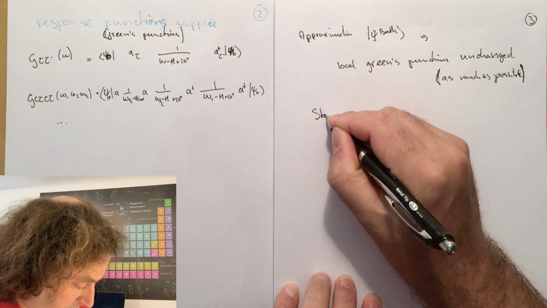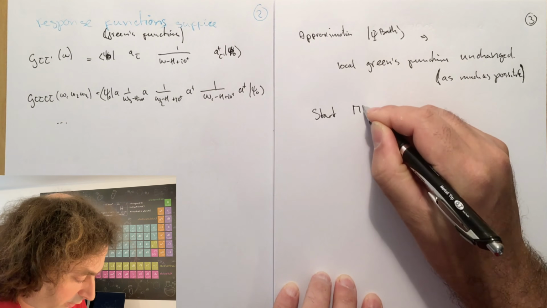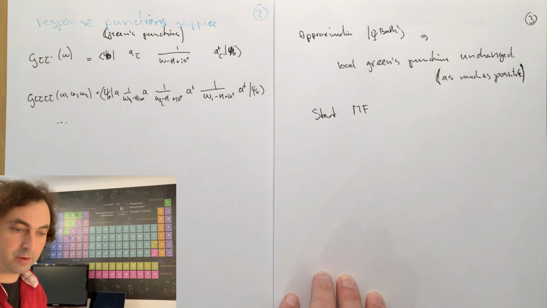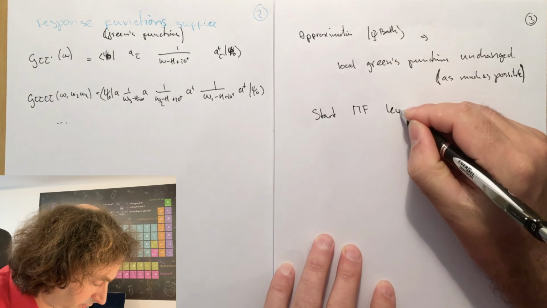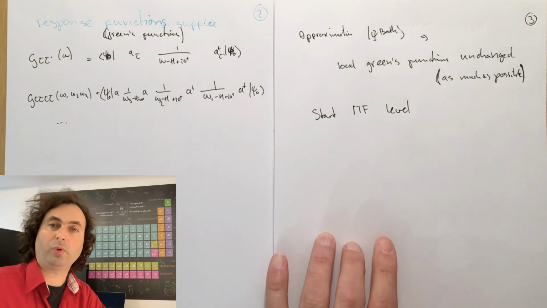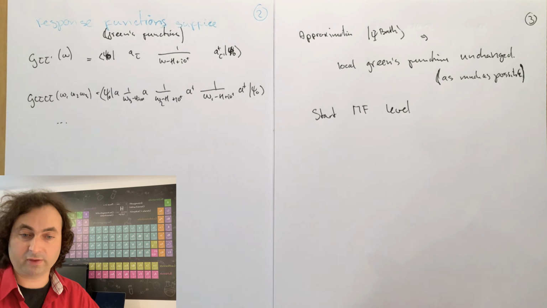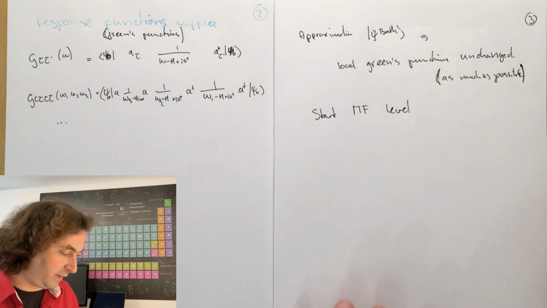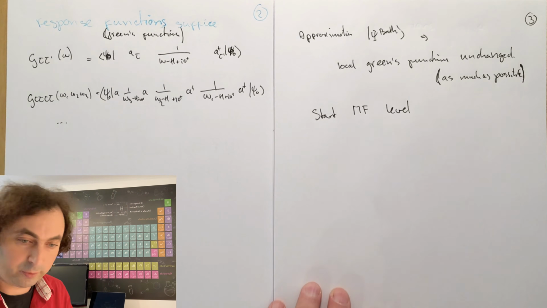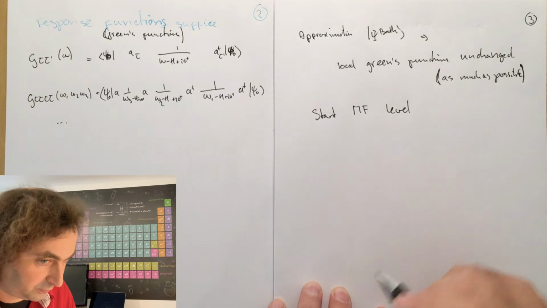So we will work around a mean field approximation. And of course it's important not to have perturbative expansions around mean field, but look at methods that converge and are non-perturbative.